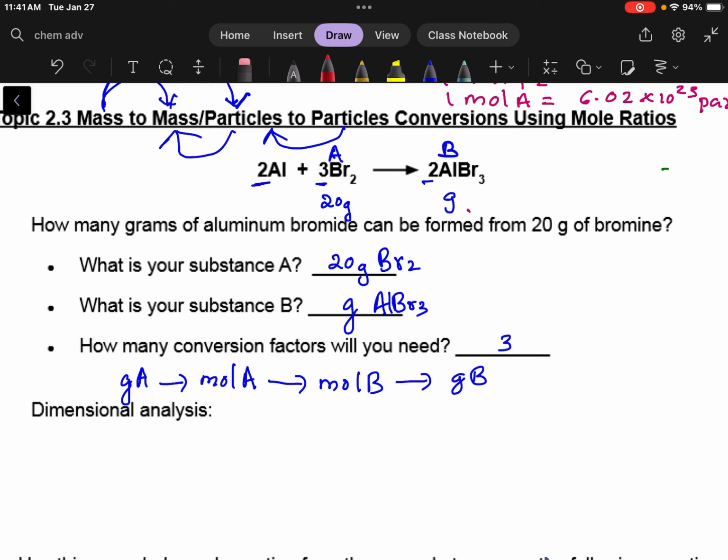Remember, for grams you have to use molar mass. Here you are using the mole ratio from the equation. Again, here we are using the molar mass of B.